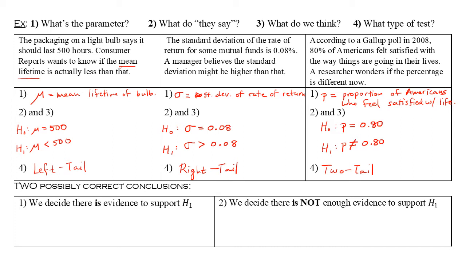And so, depending on what we get, there could be two correct ways to draw a conclusion here. Because for the most part, the claim that we're making means that either the null hypothesis is true or the alternative hypothesis is true.